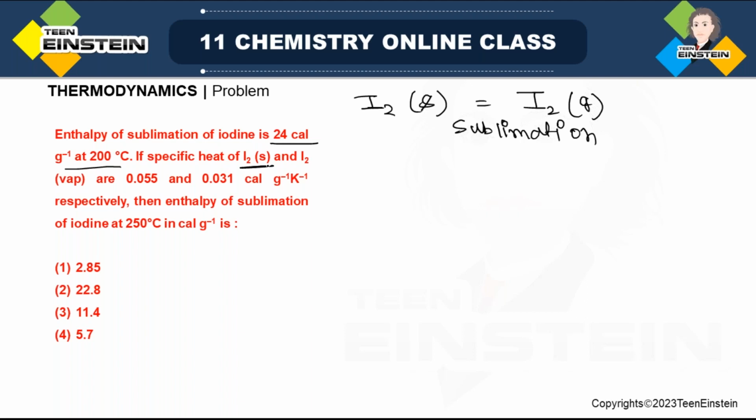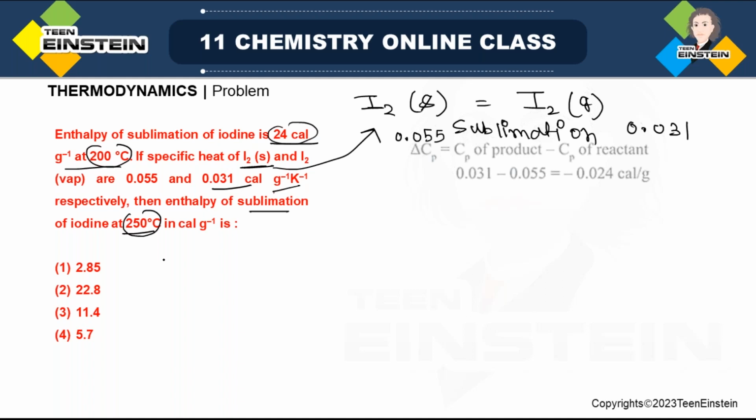Specific heat of iodine solid, that means reactant, is given 0.055, and for iodine vapor it is 0.031 calorie per gram per Kelvin respectively. Then enthalpy of sublimation of iodine at 250. So at 200, what is the enthalpy of sublimation? That is given, 24, but you have to find it for the other temperature, which is 250 degrees centigrade. So we have to use the Kirchhoff equation.